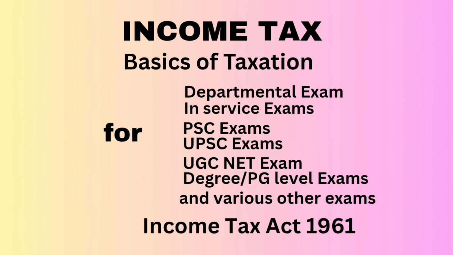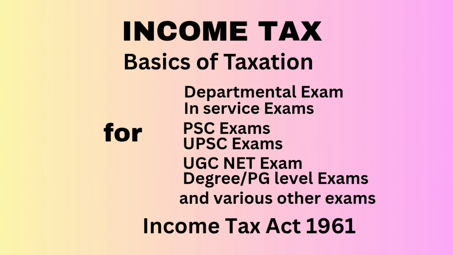2. Assessment year. A. The income of the previous year is chargeable to tax during the immediately following assessment year. B. Assessment year means the period of 12 months commencing on the first day of April every year. C. It is the year for which tax is paid.